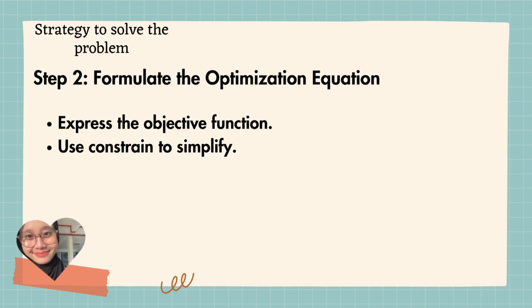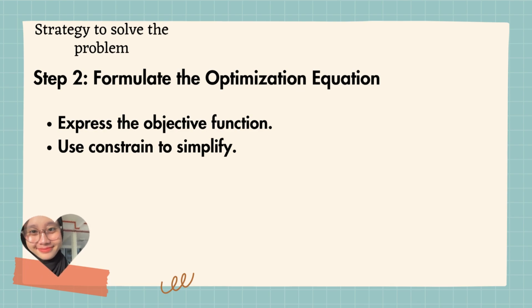Step 2. Formulate the optimization equation. First one, you have to express the objective function. Write an equation that represents the quantity to be optimized. For instance, if maximizing profit, the profit function might be expressed as P(x) = R(x) - C(x), where R(x) is revenue and C(x) is cost.